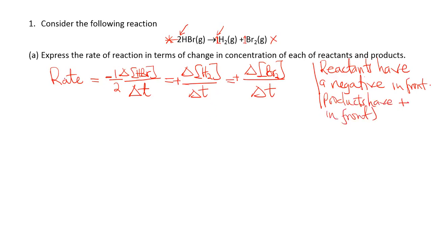If you want to express this in terms of change in concentration of each reactant and product, we see that rate is given by negative half change in concentration of HBr over change in time, is equal to plus change in concentration of H2 over change in time, is equal to plus change in concentration of Br2 over change in time.